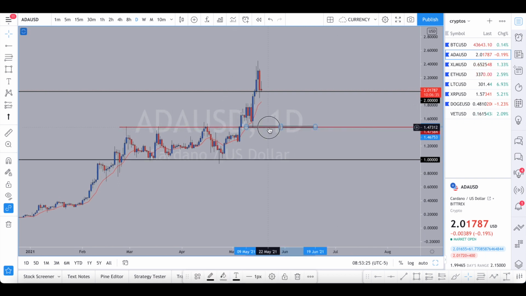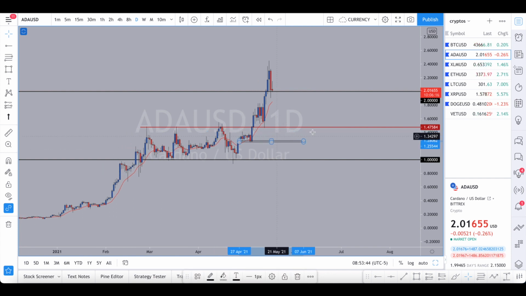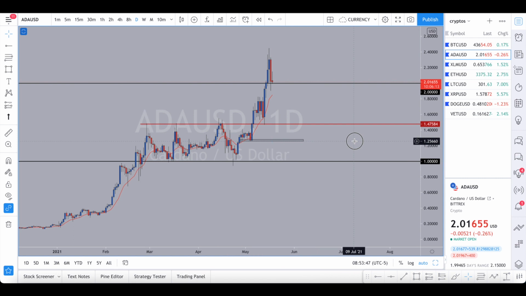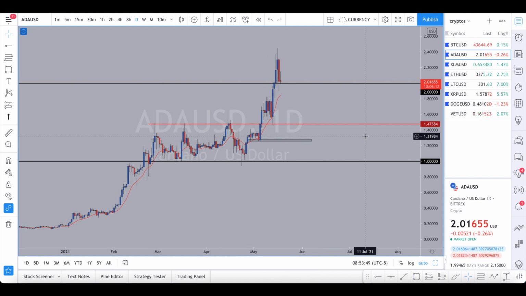Maybe a support right here, which basically lines up with the old resistance, with the old highs. Maybe right here, small little stutter right here before popping up. That's the old resistance. It could potentially be used as support. That's about 1.40. Here's 1.25. That's basically how you can go about scoping for good buy entries in a beautiful bull market like this.